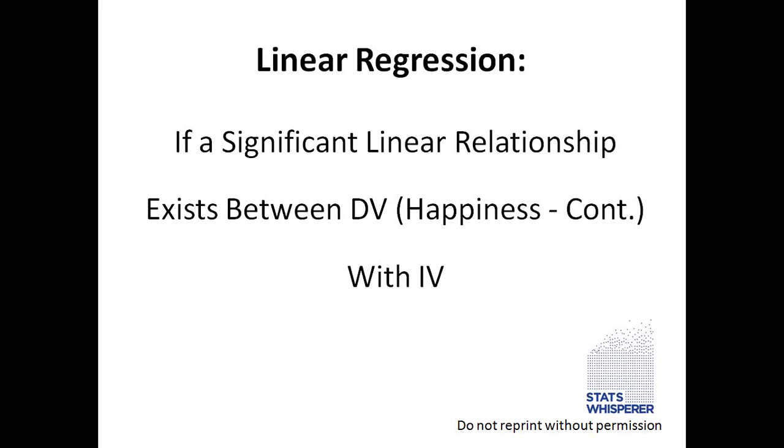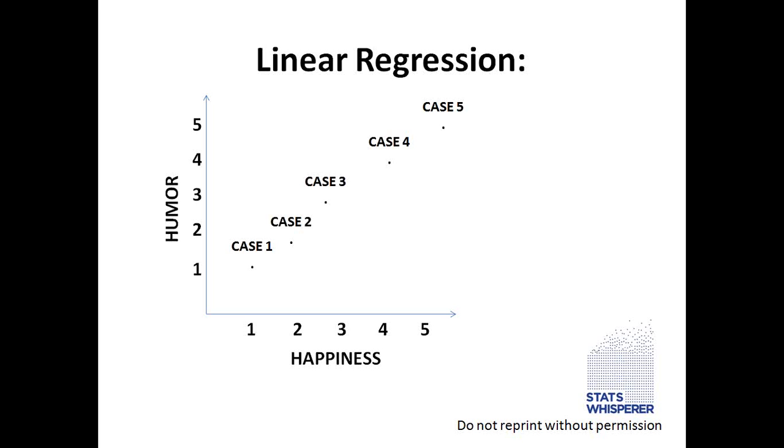Through linear regression, what we're examining is if a significant linear relationship exists between a dependent variable, like our happiness continuous, and the independent variable. So to review the linear relationship, we have the XY axis.